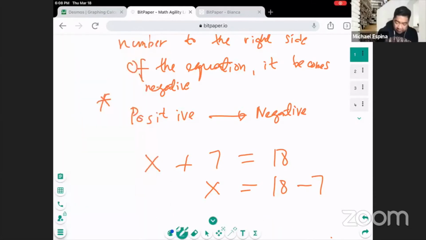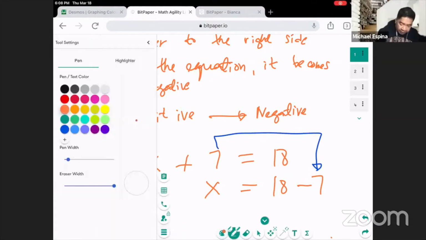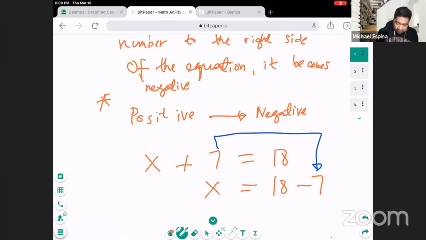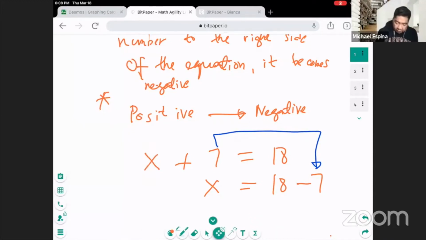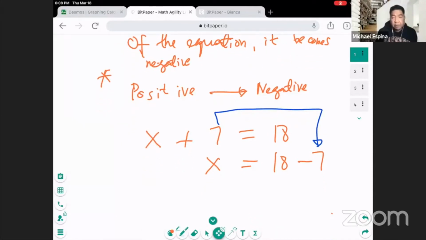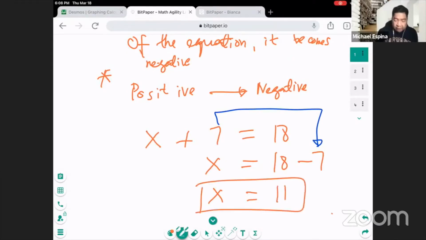When we move it here, it becomes negative, right? So what is now our answer? Since we already moved the constant to the right-hand side of the equation, now we can solve it. 18 minus 7 is 11. So that's the answer for question number 1.